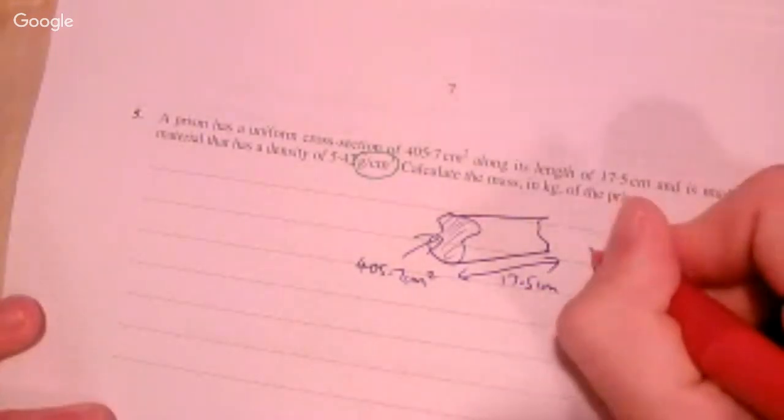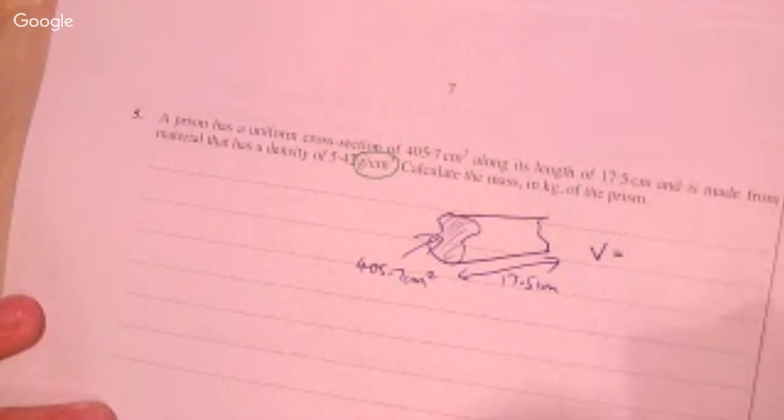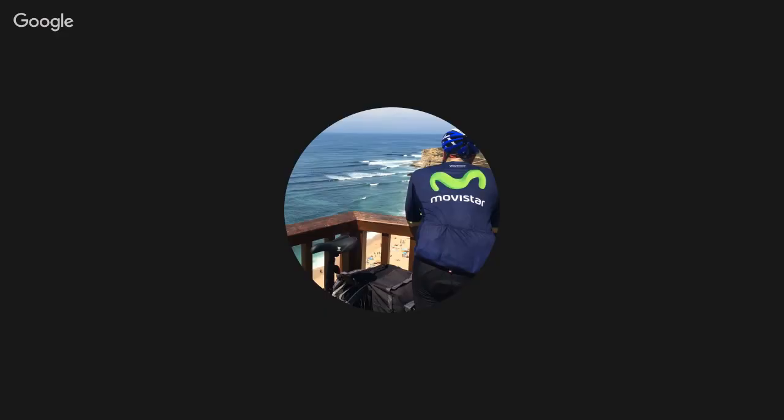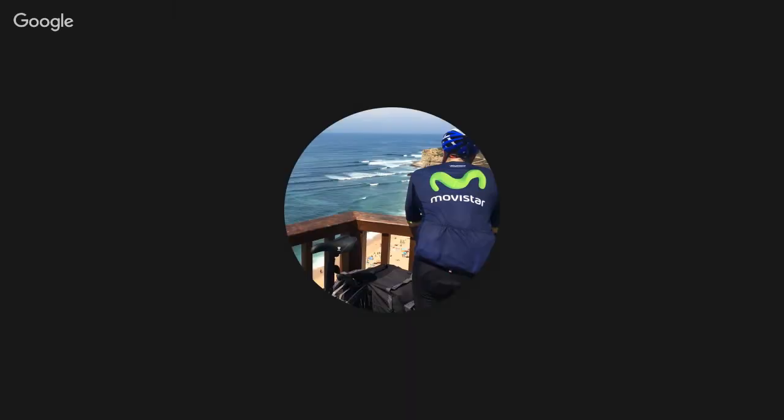So its volume must be the area of the cross-section times the length. Density is grams divided by centimeters cubed.